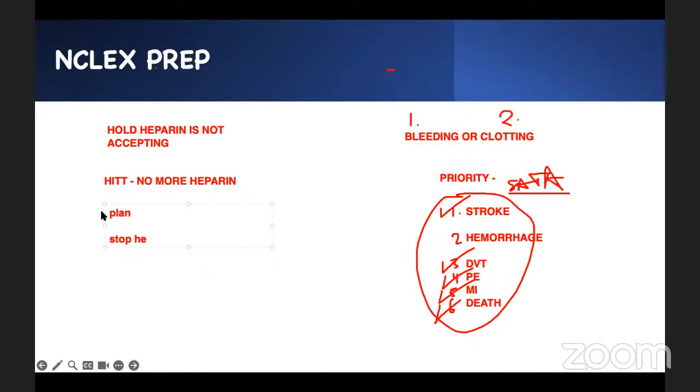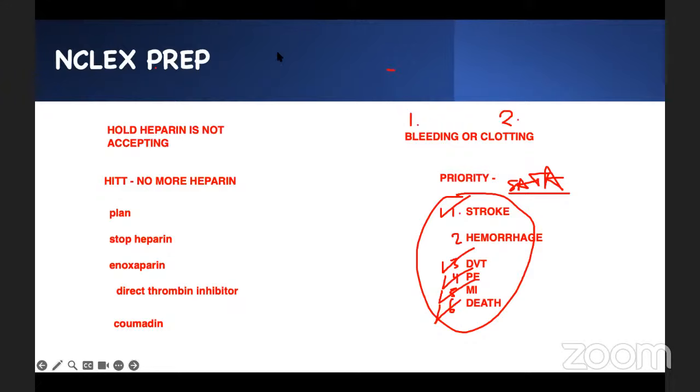Stop heparin, enoxaparin, give them a direct thrombin inhibitor, Coumadin. If they give you options like that, just be careful because you don't want them to die from a PE.